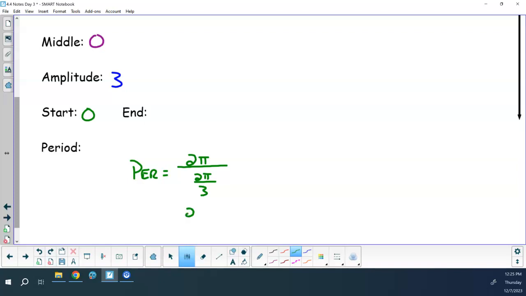Keep, change, flip tells me I'm going to keep 2 pi over 1, change it to multiplication, and flip 2 pi over 3 to 3 over 2 pi. Then my 2 pi's cancel each other out, which leaves my period as just 3, which means I end at 3.